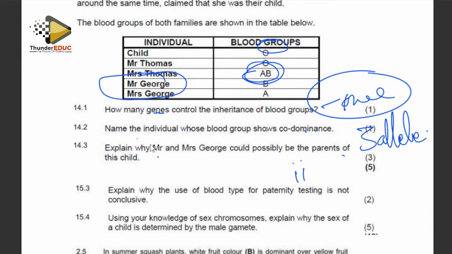Yeah. So now in this case, they are saying that the child is blood group O. And the two parents are blood group B and blood group A. Can A and B produce O?